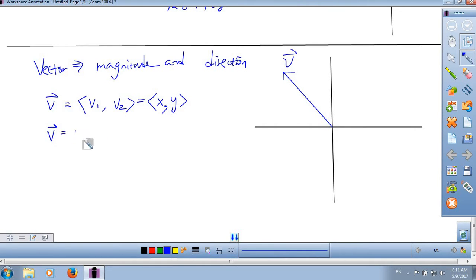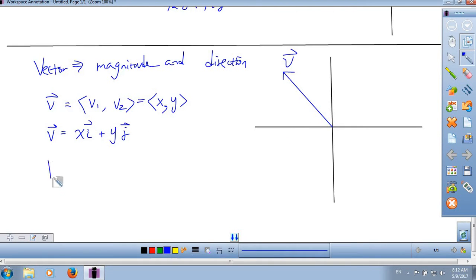So we can say it's xi plus yj, just using the i unit vector and j unit vector here. Now notice this i, the unit vector, is not the complex number i. In the next topic we'll be talking about complex numbers, so please don't confuse this i with the complex number i.